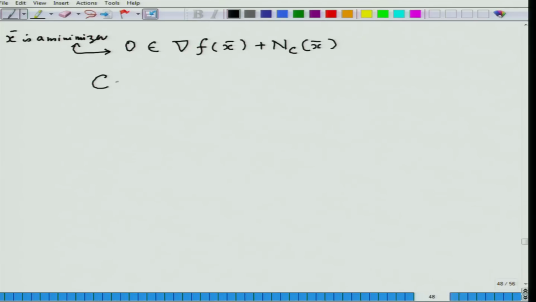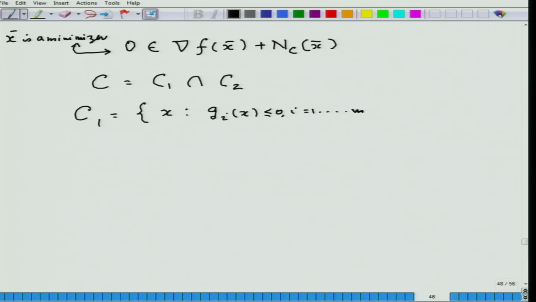So, let me write C as C1 intersection C2, where both of them are convex sets, where C1 only deals with the inequality constraint, and C2 deals with the equality constraint or affine constraint.